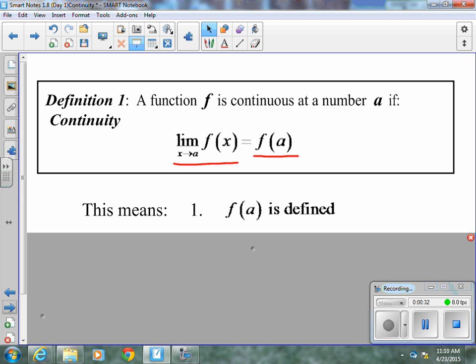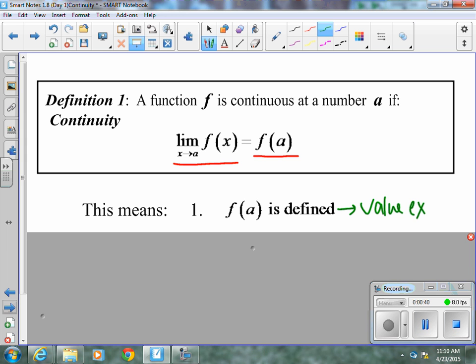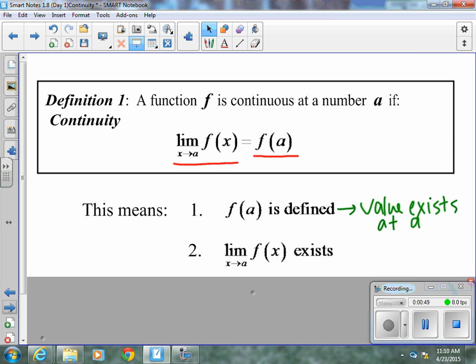Well, first of all, it means that f of a is defined, meaning a value exists at a. There has to be a point at a. Secondly, the limit exists.